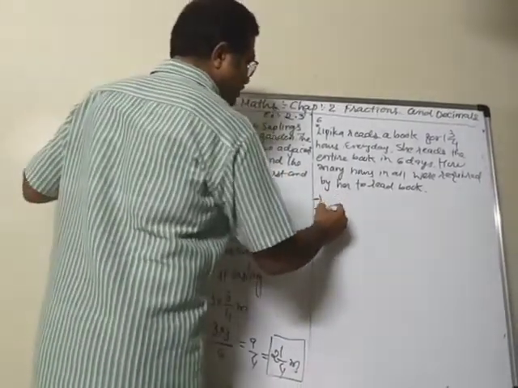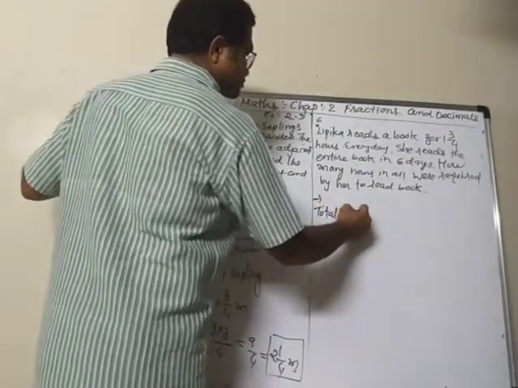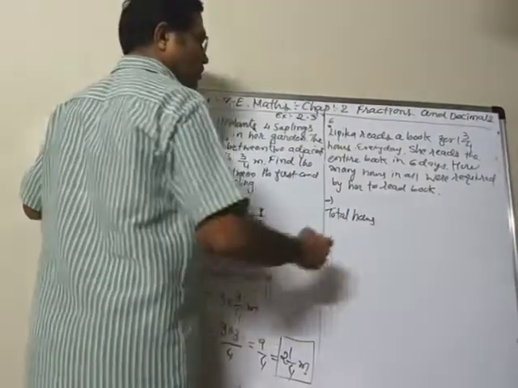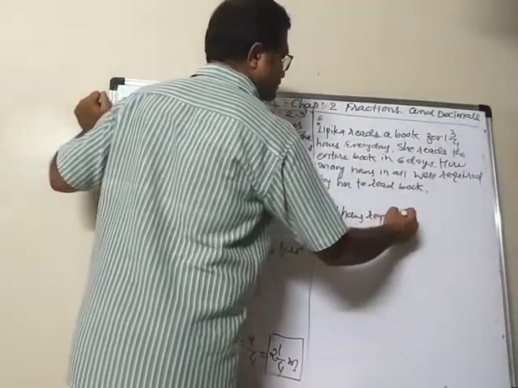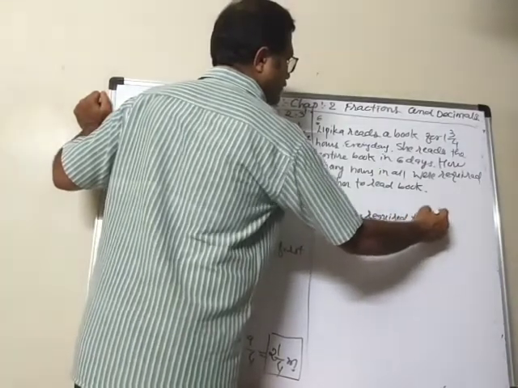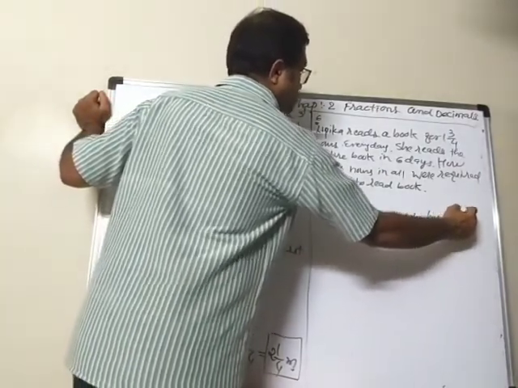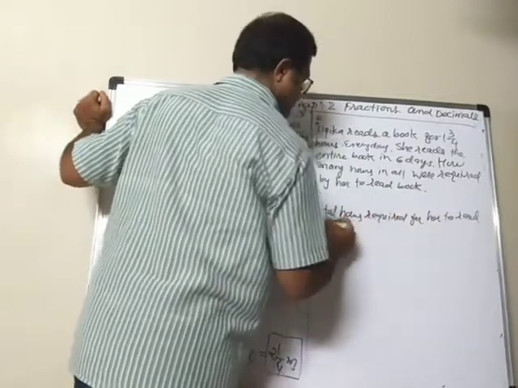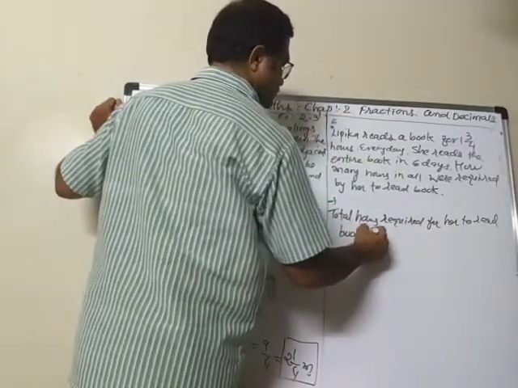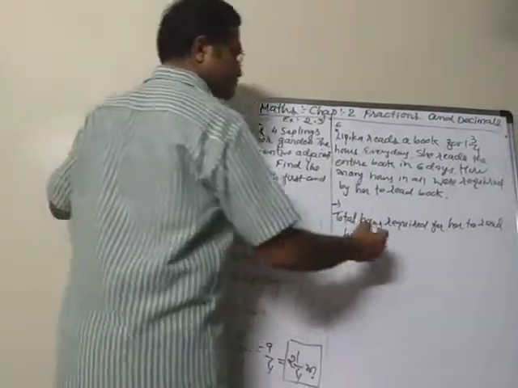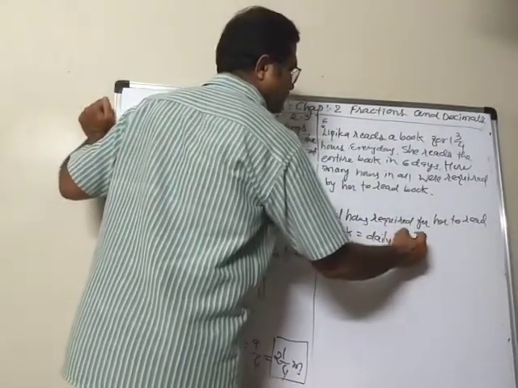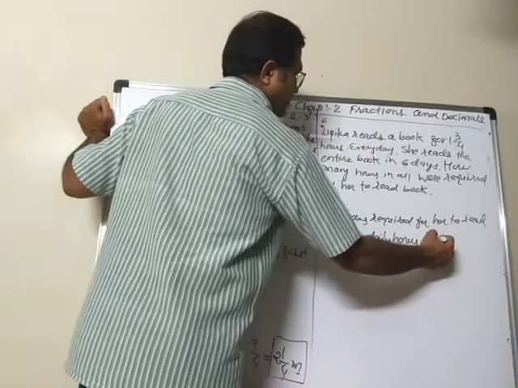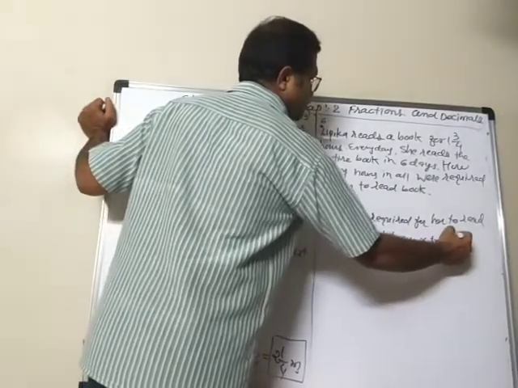So total hours required for her to read the book is equal to daily hours multiplied by total days.